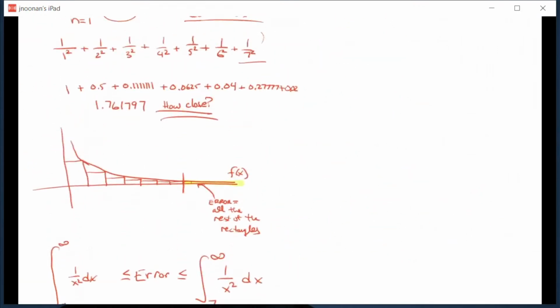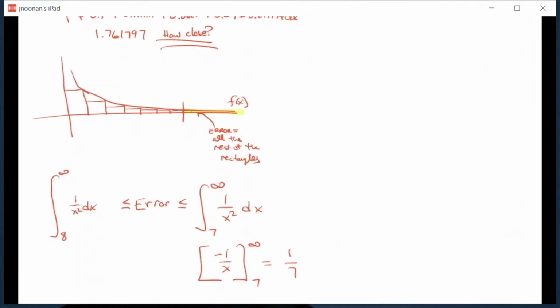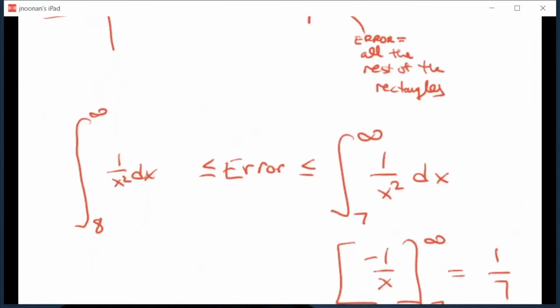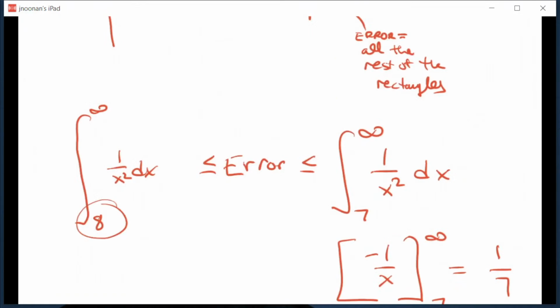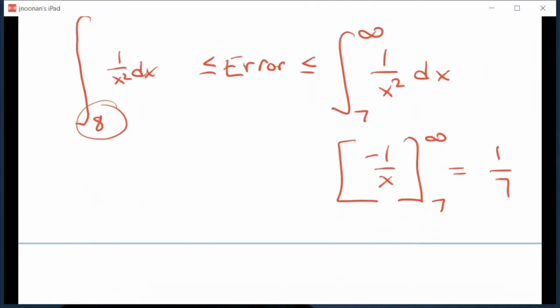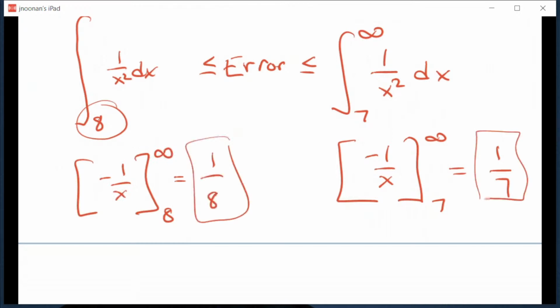That's the number that we stopped at. Or sorry, 7 to infinity. But it's going to be bigger than the next one from 8 to infinity. So let's go ahead and compute that. So this is going to be negative 1 over x evaluated from 8 to infinity. And I'm not going to bother with the details here, but that's going to be 1 over 8. So I'm between 1/7 and 1/8 of the truth.